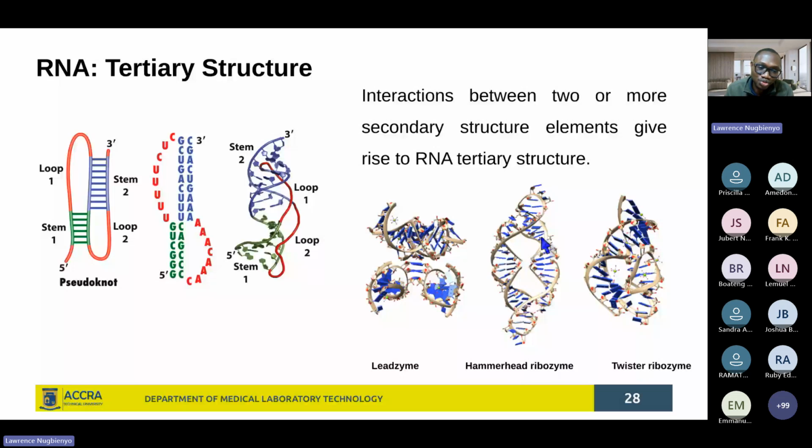It's not coming from two strands. Even though it's a helical structure, that helical structure is coming from only one strand that is folding and giving you such structures. So you know that there can be secondary structures in RNAs as well, and there can be tertiary structures.